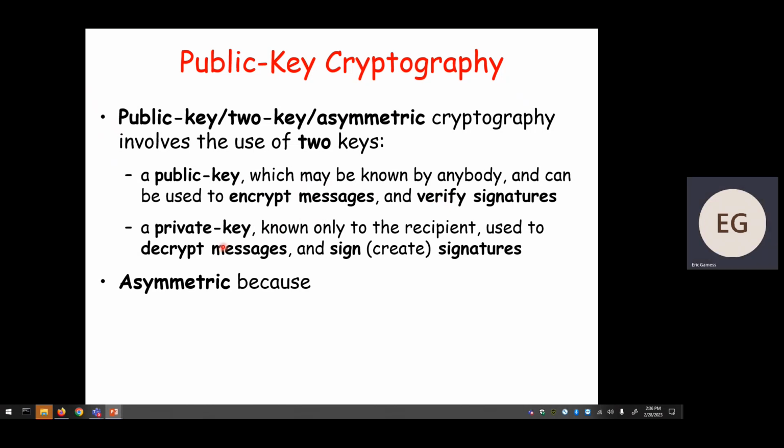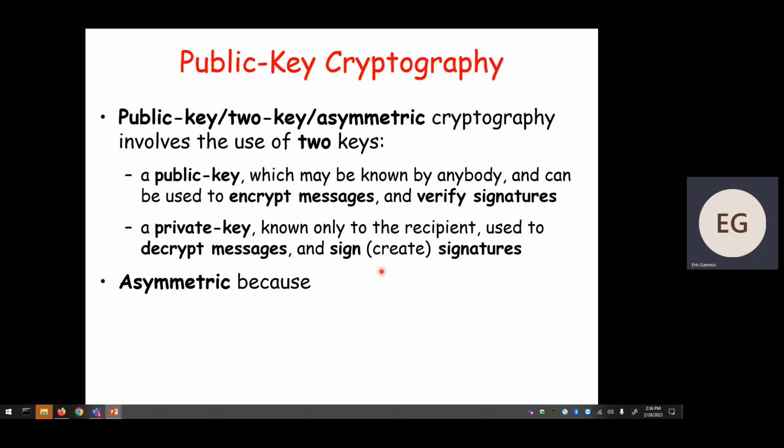Now, my private key: let's say that I receive a message and it was encrypted by the sender using my public key. In this case, I'm going to use my private key to decrypt the message. And if I want to sign a document, to do a digital signature, I use my private key to sign the document. As you can see, they have different functions, no?